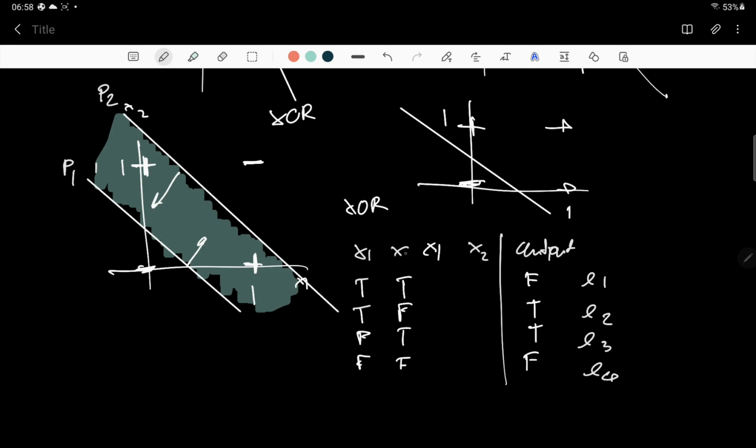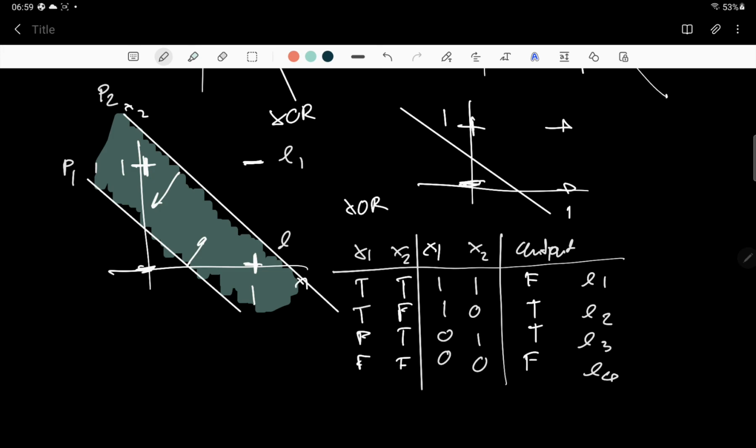I use X1 and X2 here, and this is 1, 1, 1, 0, 0, 1, and 0, 0. This is a number that we'll use. So E1 is here, 1, 1. E2 is 1, 0, so E2 is here. E3 is 0, 1, so E3 is this example. And the last one is E4, 0, 0. So we will have 4 examples.